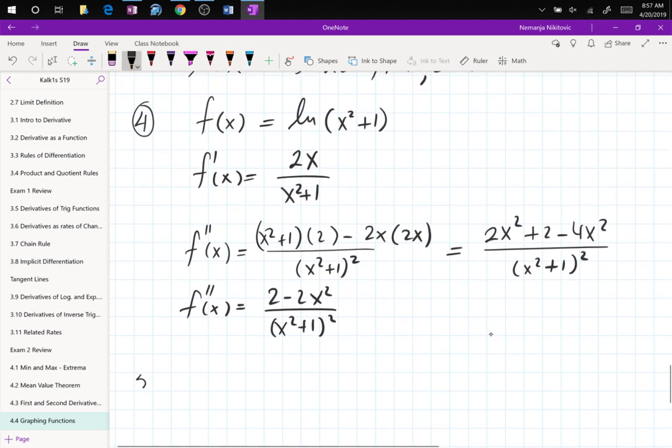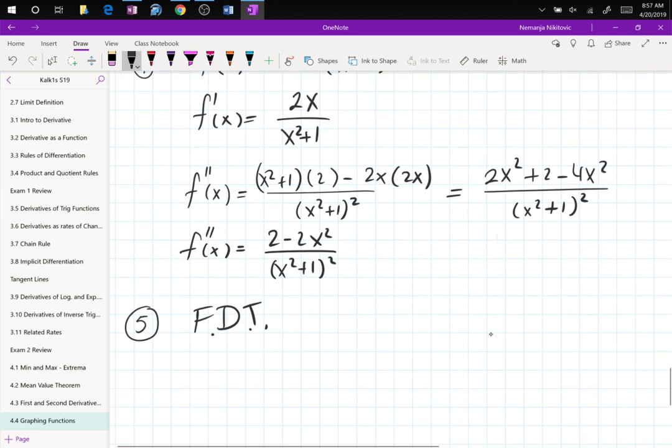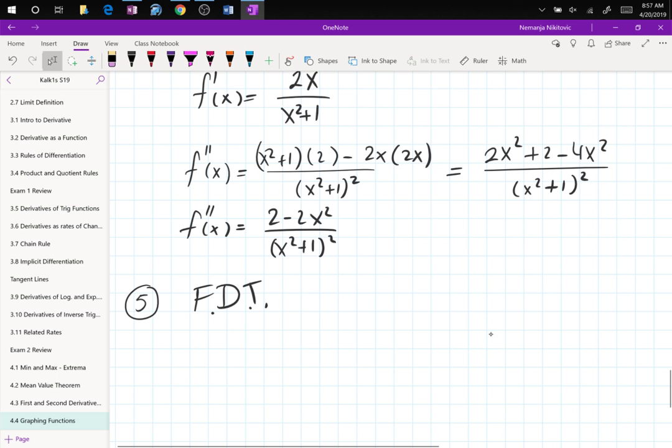So now number 5. First derivative test. The first derivative test tells us the intervals on which the function is increasing and decreasing, and gives us min-max for free, which is great. So to use the first derivative test, we take the first derivative, 2x over x squared plus 1, equal to 0 to find critical numbers.